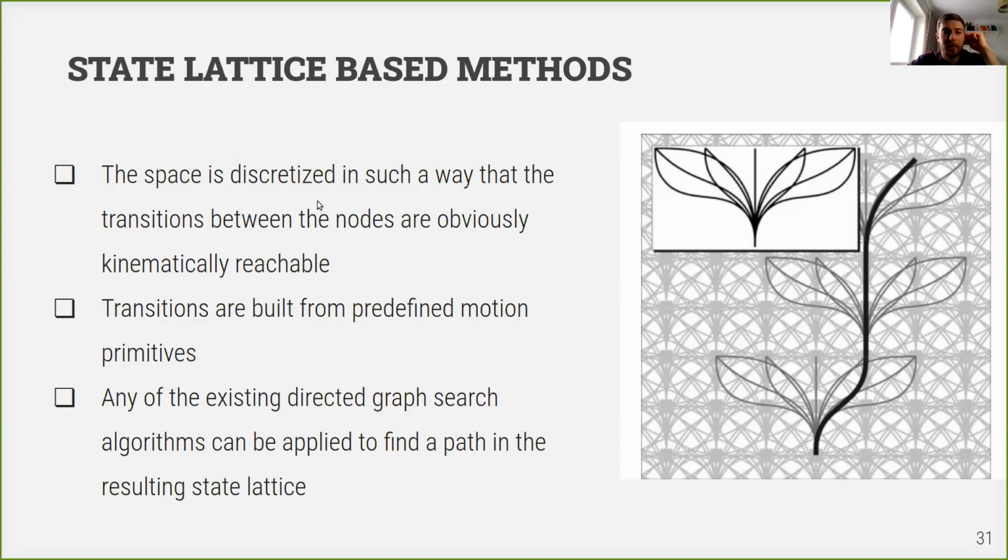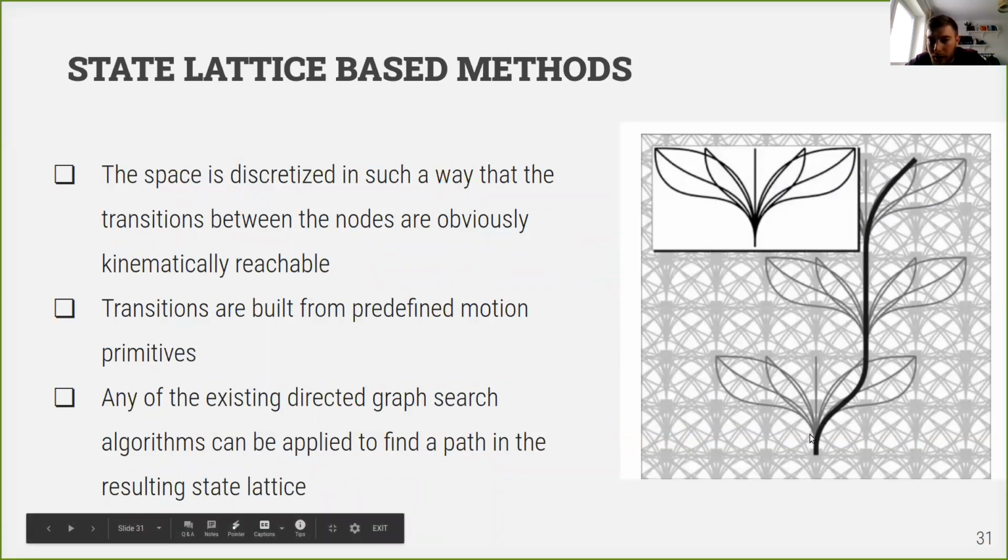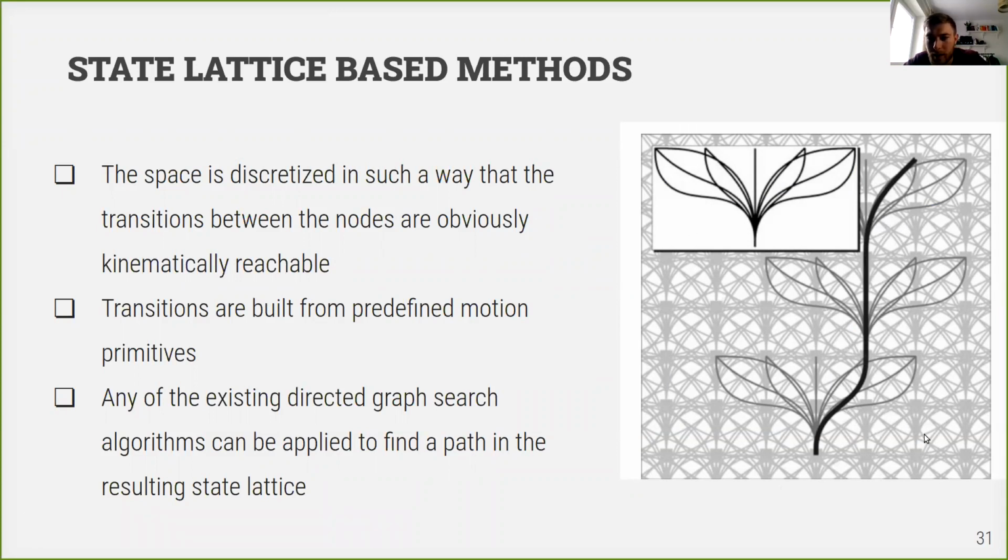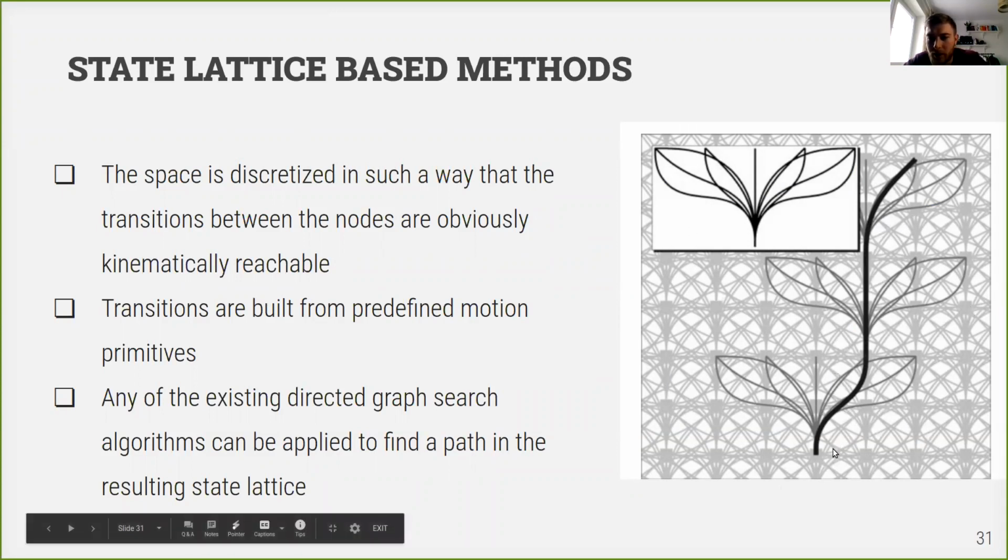So let's see, we discretize the space in such a way that transitions between the nodes are obviously kinematically reachable. Our transitions here, you can see the black is actually the resulting path of the robot. The whole space, there are no obstacles in this example. So the whole space is discretized using this set of primitives.